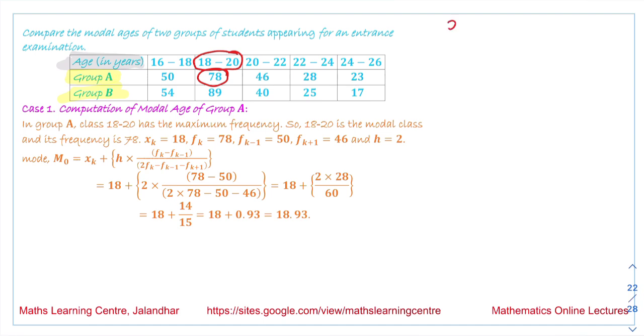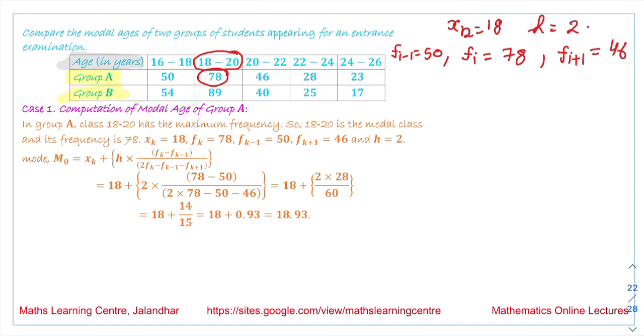The value of xk is 18. The value of h is 2. The value of fi is 78. The value of fi minus 1 is 50. The value of fi plus 1 is 46.